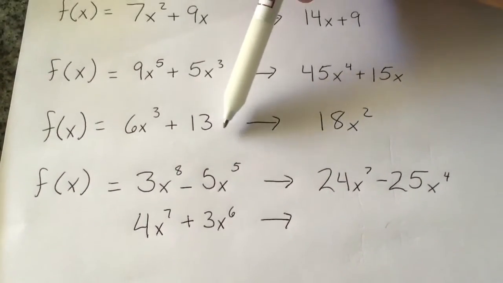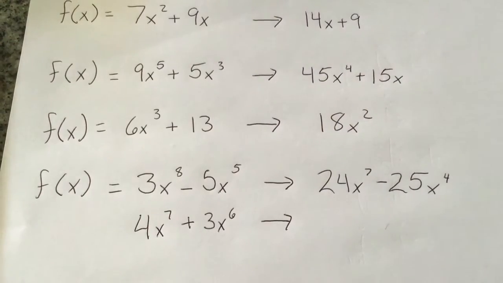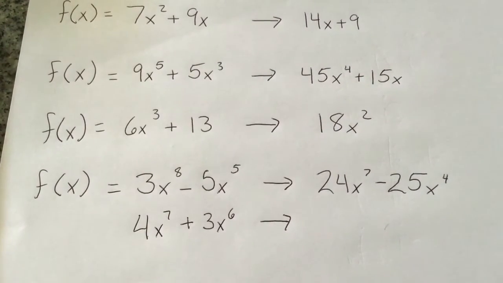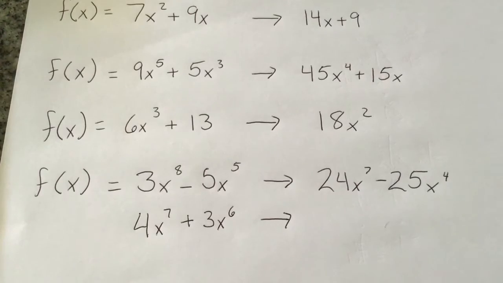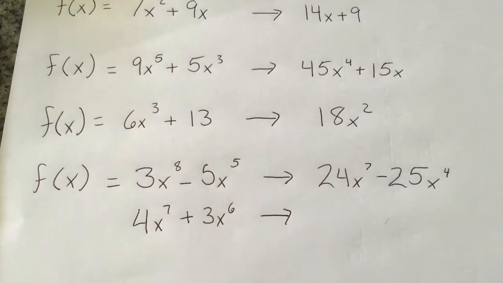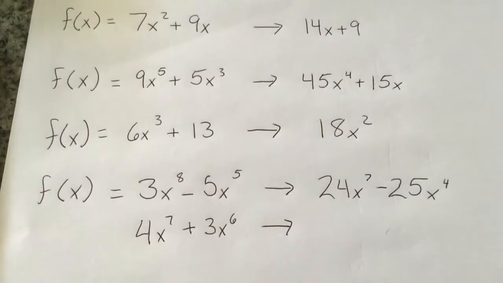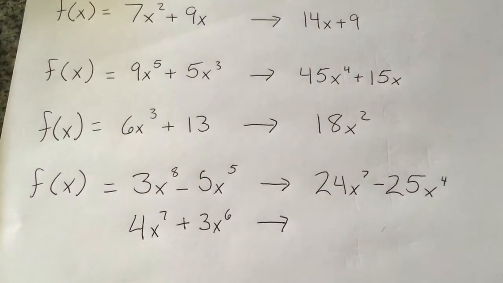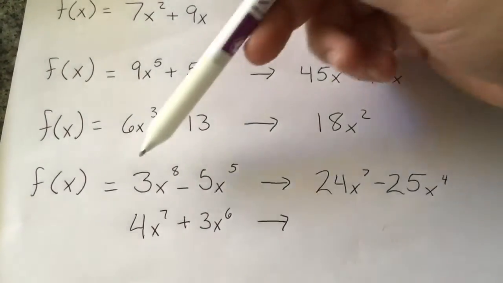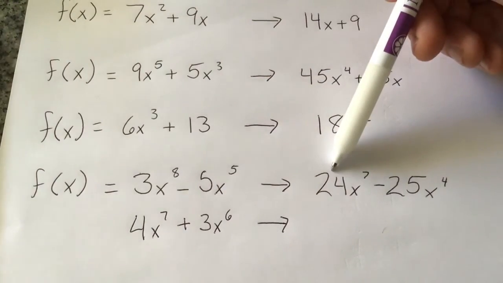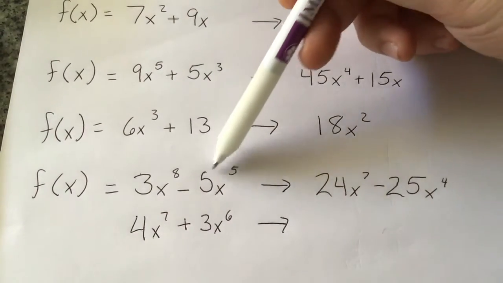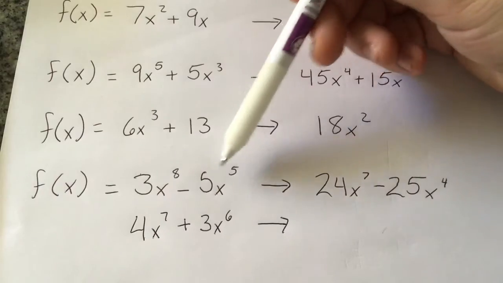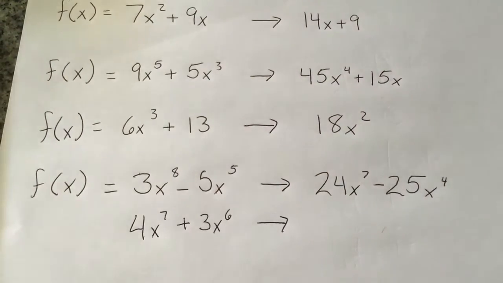Does this have a variable and an exponent? It doesn't, right? So technically, that has a variable with an exponent of 0, because it doesn't exist. 13 times 0 is nothing. That's 0. We don't write it. 3 times 8 is 24. 5 times 5, or actually negative 5 times 5, is negative 25.